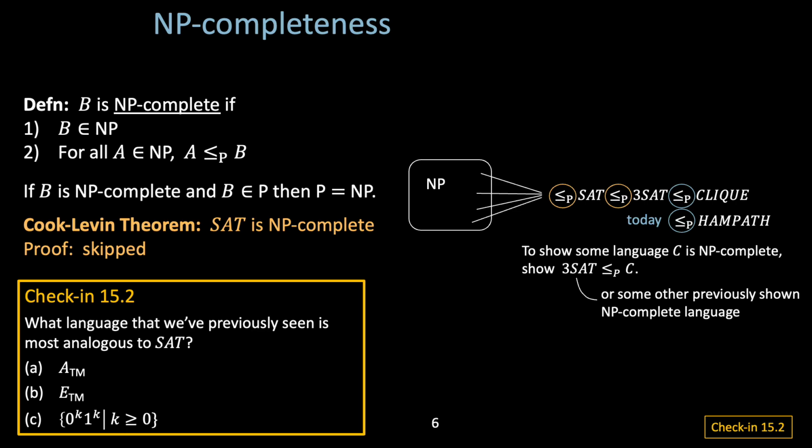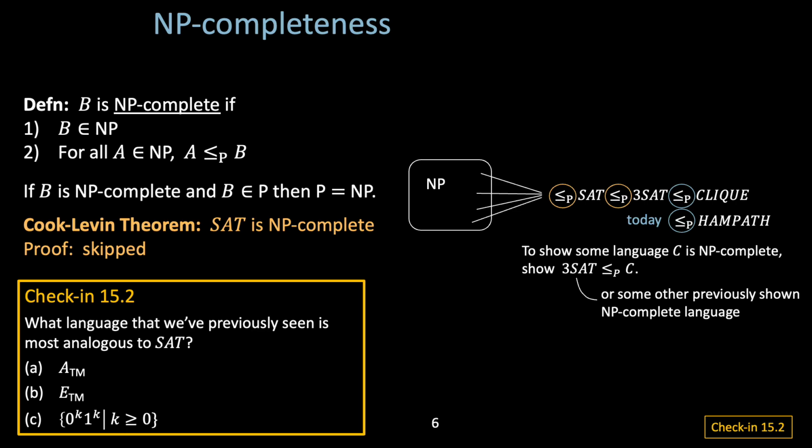So the question I have for you is, what language have we seen previously that is most analogous to SAT? A, ATM, which is the acceptance language for Turing machines; B, ETM, which is the empty language for Turing machines; and C, 0^k 1^k, k greater than or equal to 0.